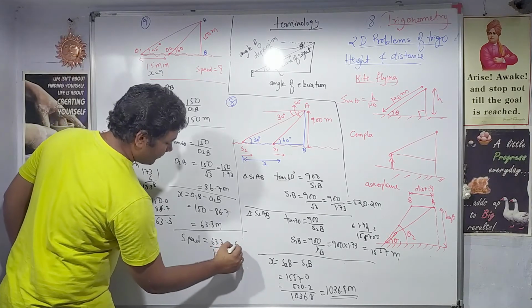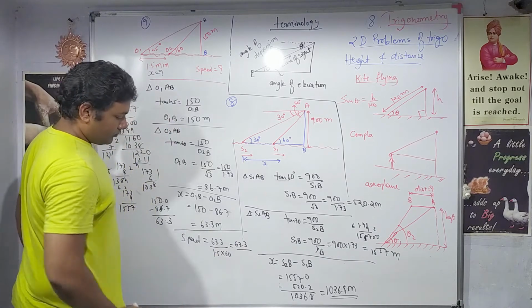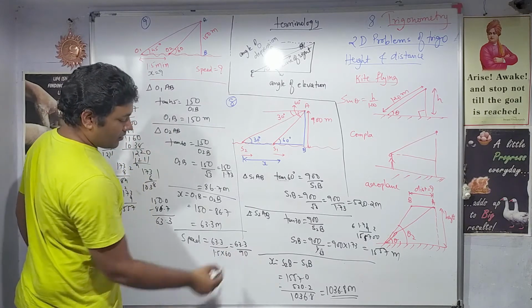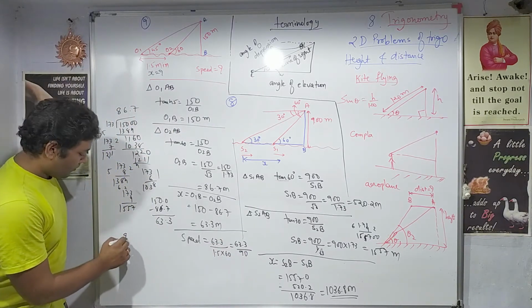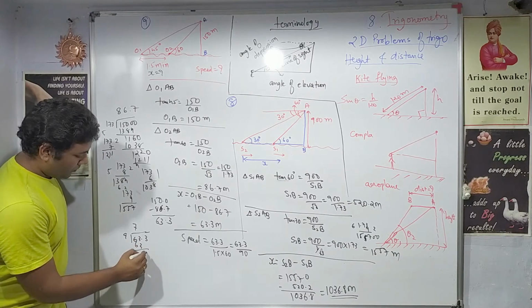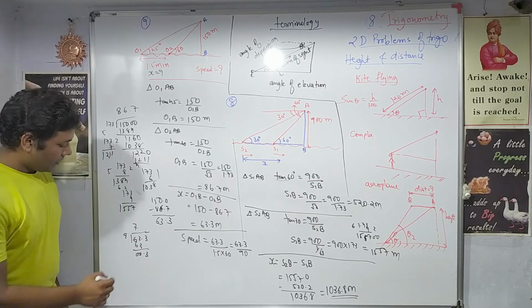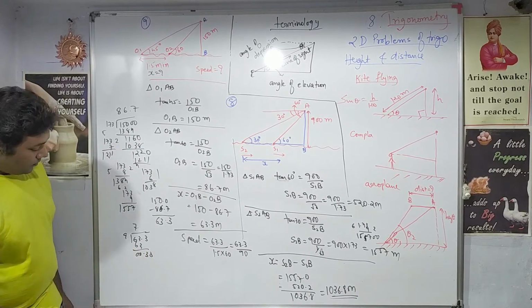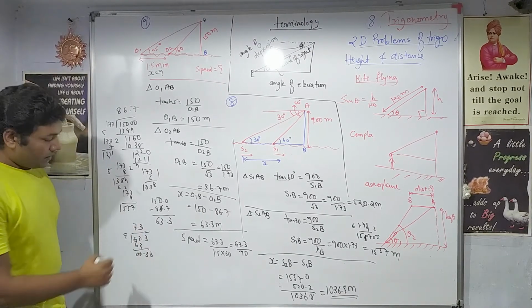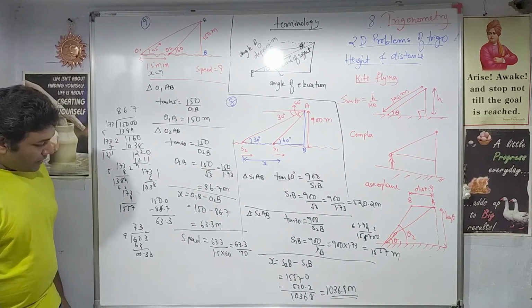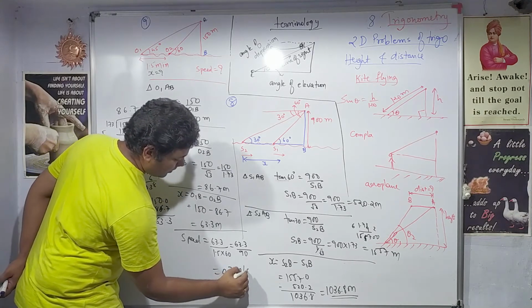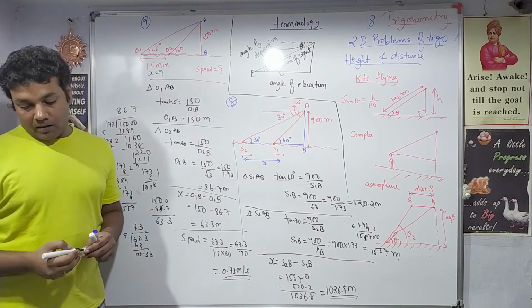So if we simplify, it will come, so divide by 9. 7.3, right, and it is 0.73 meters per second should be the answer.